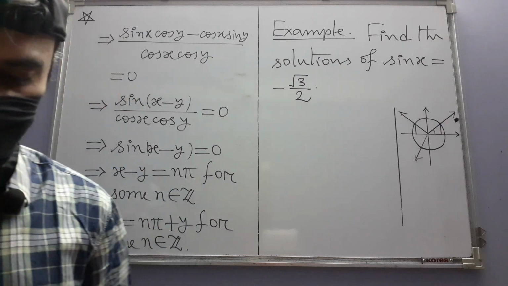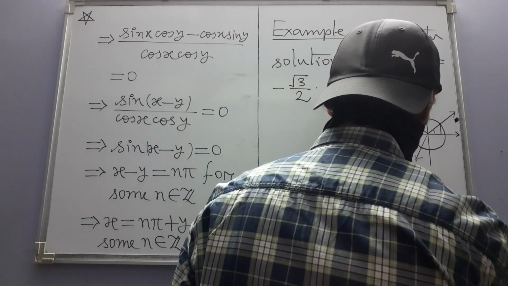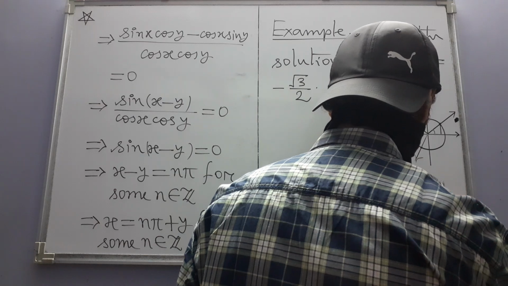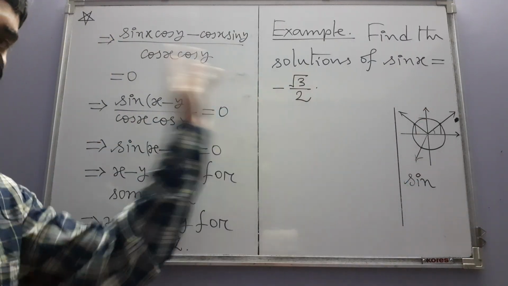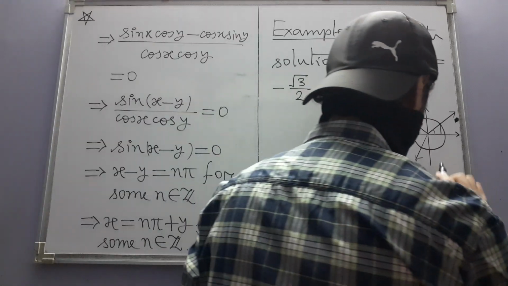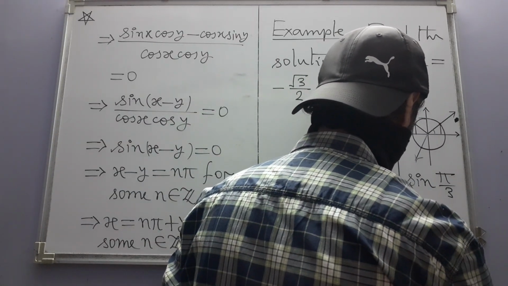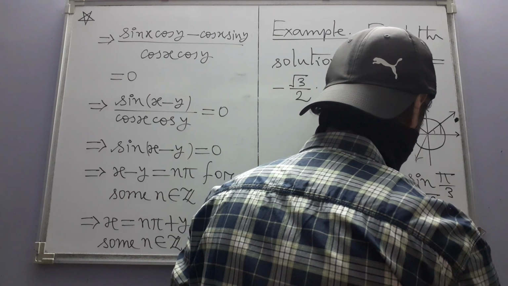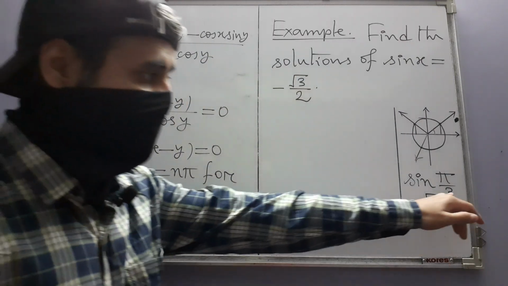Now we do know one thing from lower standards, namely that sine of 60 degrees is square root of 3 divided by 2, ignoring that minus sign. In radians, 60 degrees is pi over 3. So we know this value.